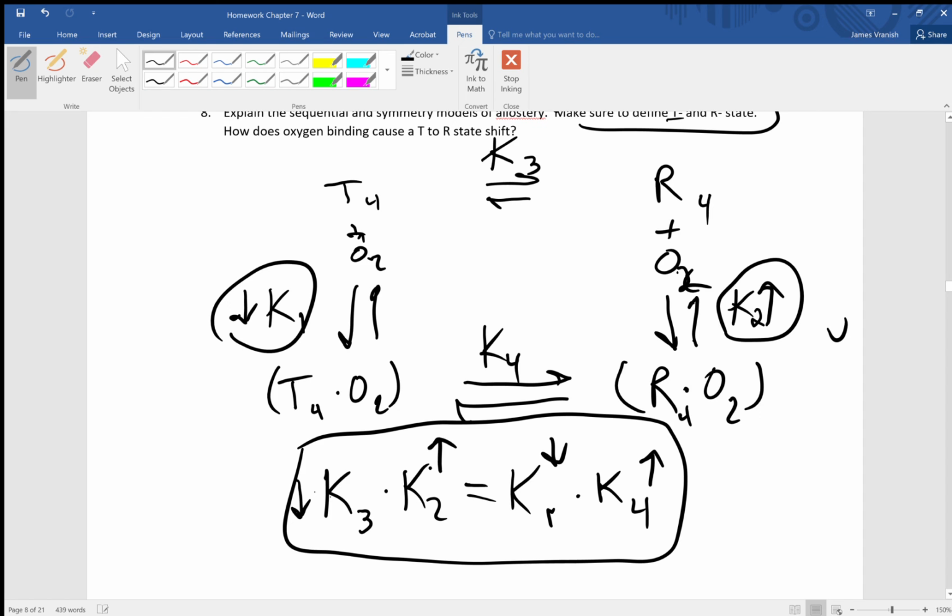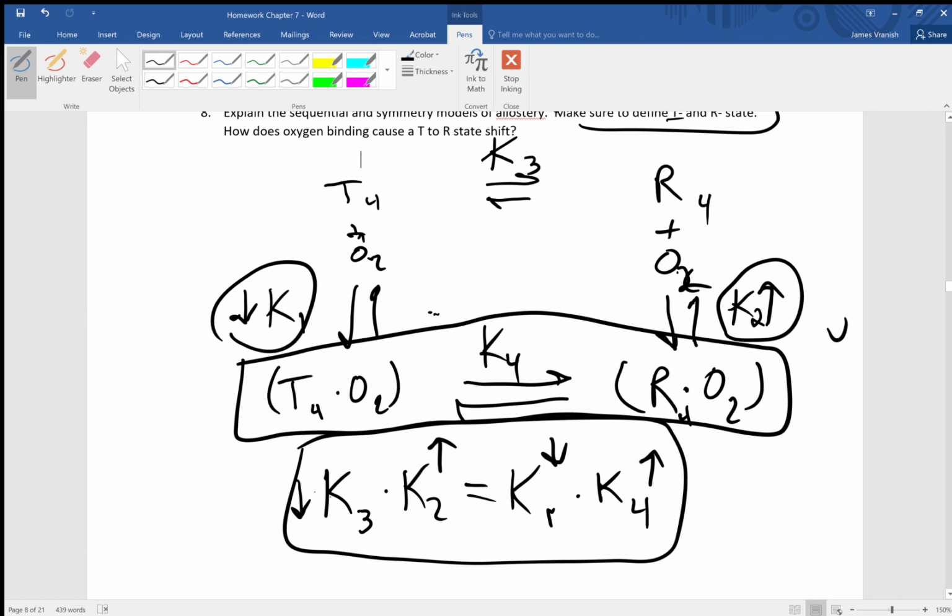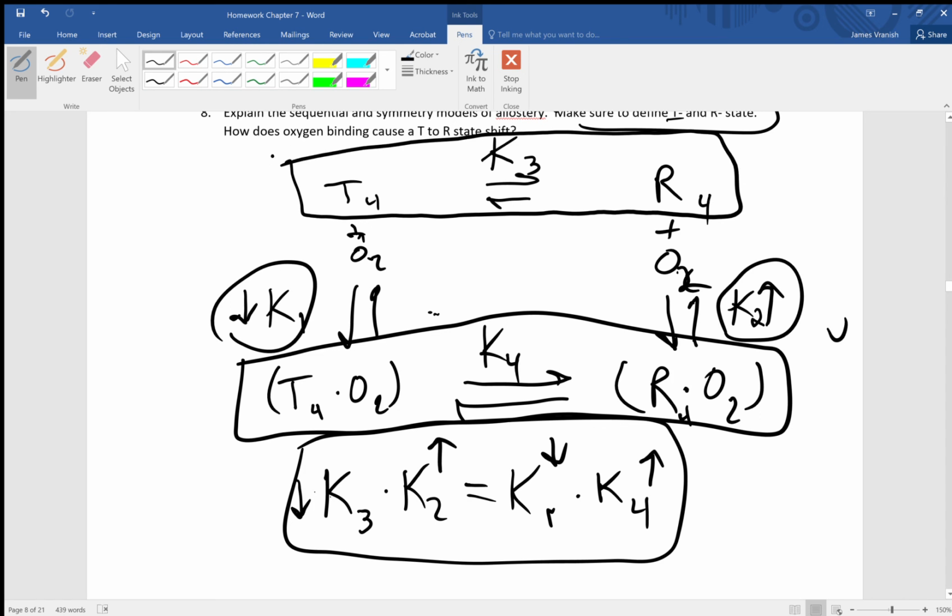Because they have to basically compensate for the differences between K2 and K1. Well, what does this mean then? That means that K4, the equilibrium for the shift of the T state to the R state with an oxygen bound, is bigger than the shift from the T state to the R state without oxygen bound. So this bottom reaction here lies more to the right.